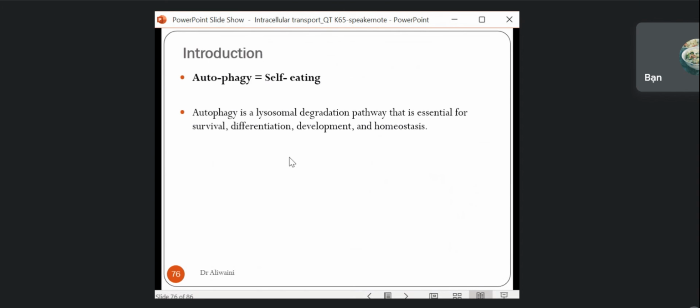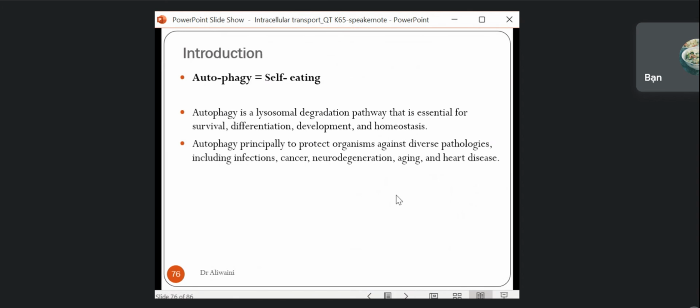It is a lysosomal degradation pathway that is essential for the survival, differentiation, development, and homeostasis of the cell and the body. And in fact, autophagy works principally to protect the organism against diverse pathologies, including infection, cancer, neurodegeneration, aging, and heart disease.